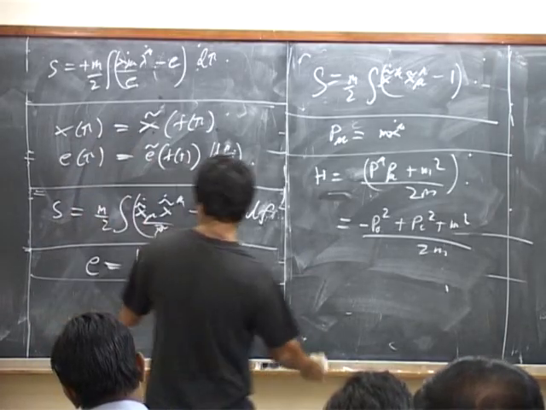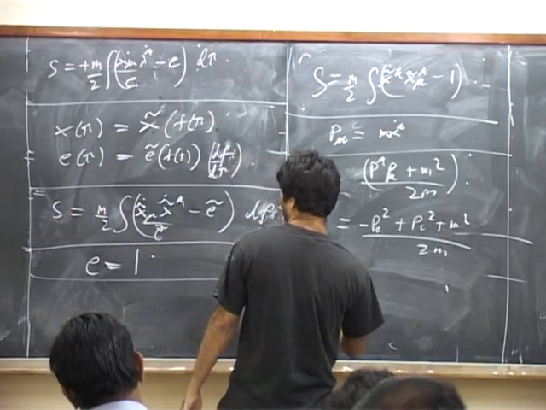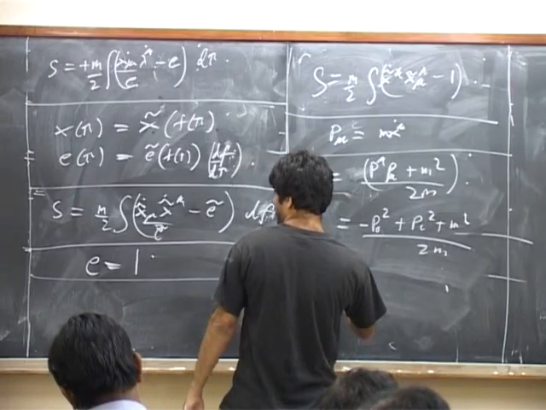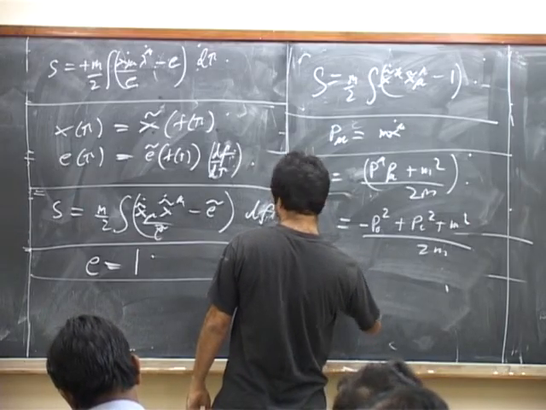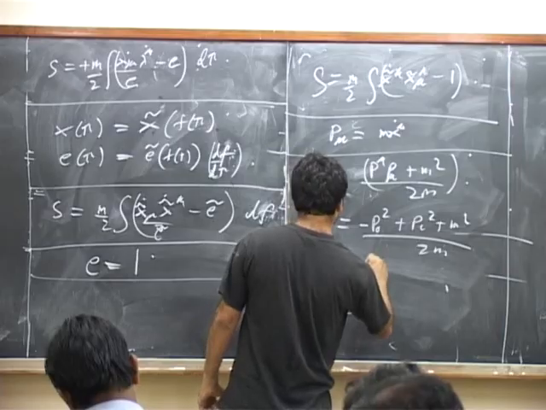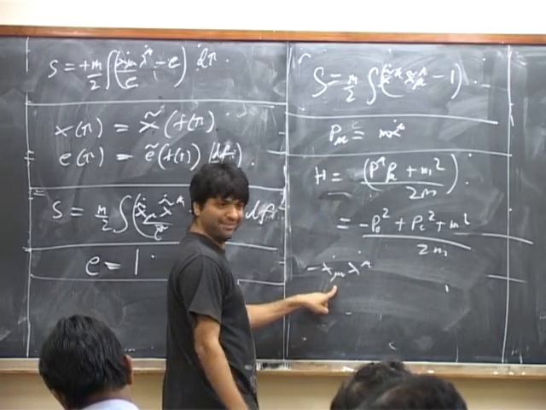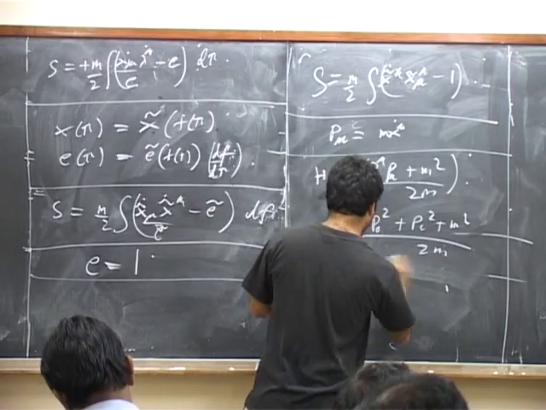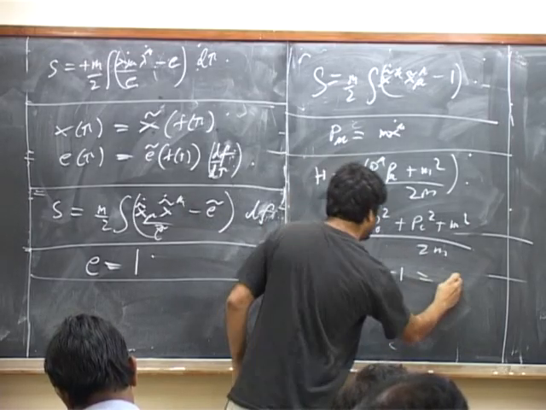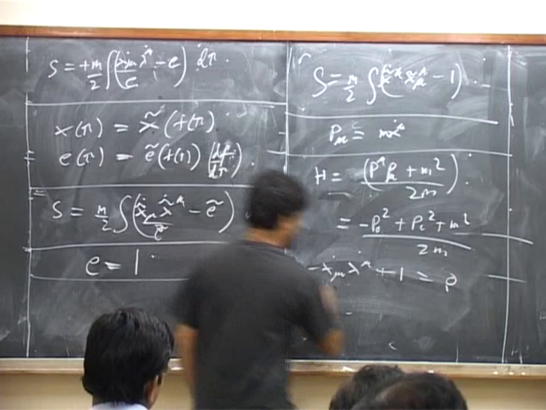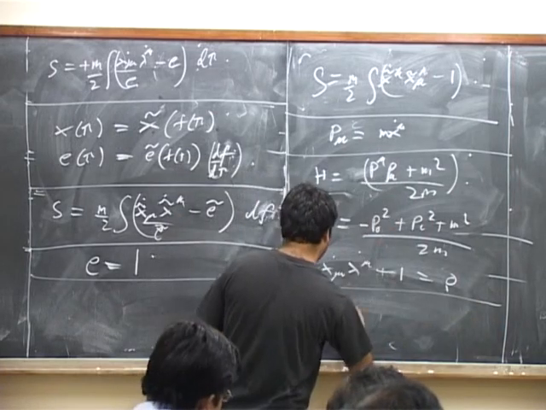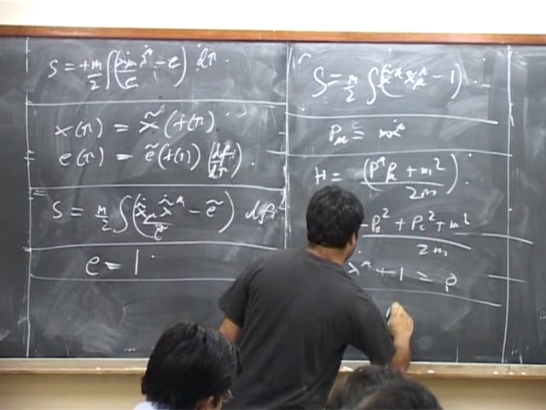But what was the equation of motion from E? The equation of motion from E was x mu dot x mu dot divided by 1, because E is 1, minus 1 equals 0, which you can easily see is our good old p mu p mu plus m squared.